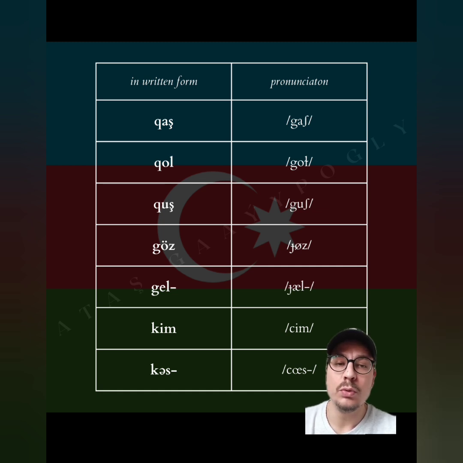Some of them say it differently, more than that. Some say göz. Gel, the g is different. On some dialects you can hear gel near to J. Kim is also different from Turkmen.